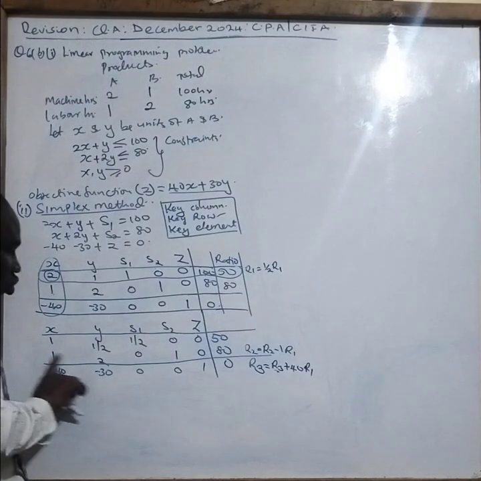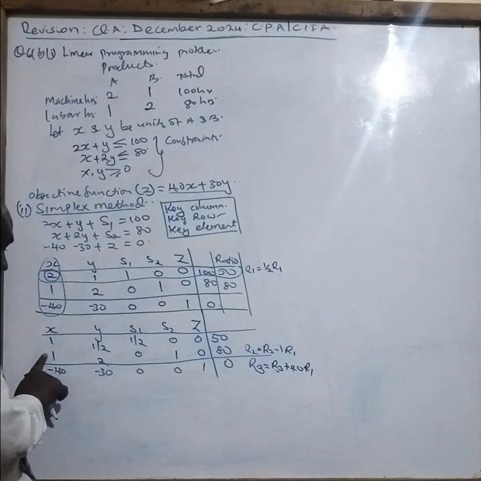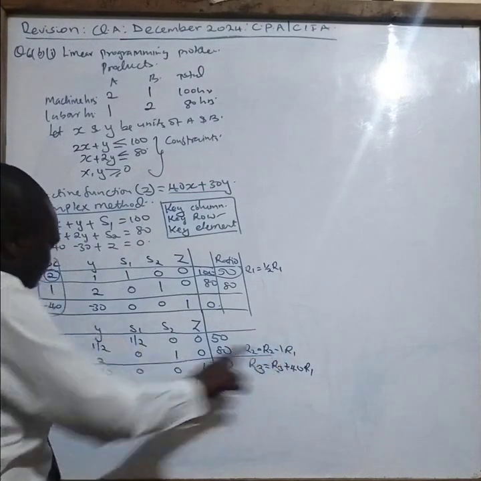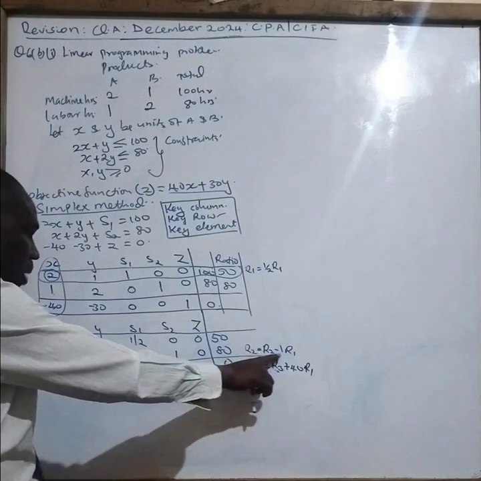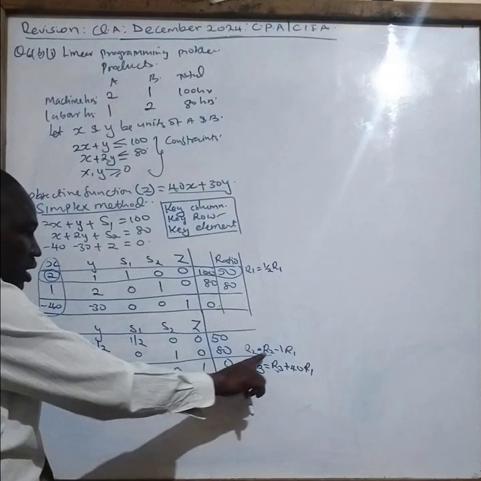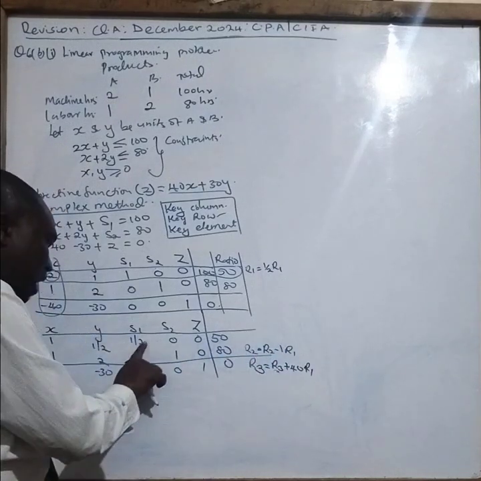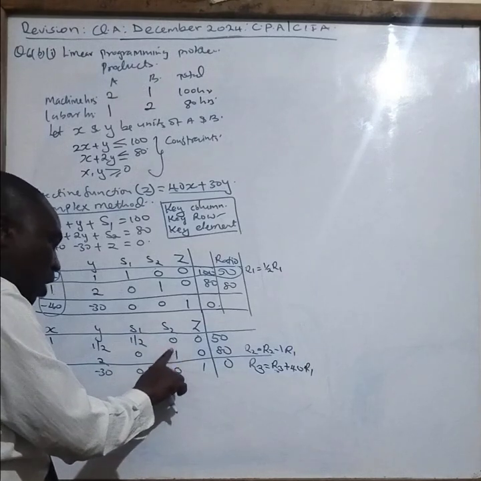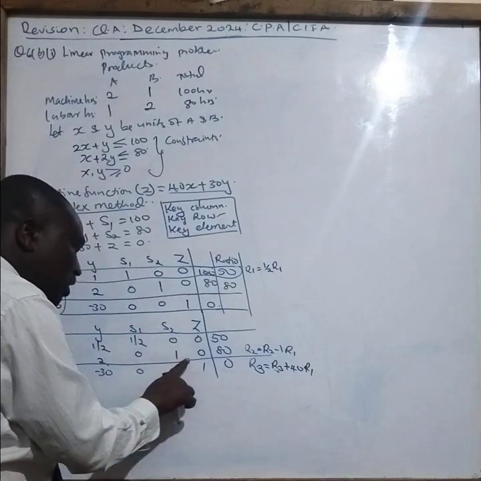The same applies to row 2, which is R2, which is 1, minus 1 times R1, 1 here. Then this one will be 2 minus 1 times R1, which is this one. 0 here, minus 1 times R1, which is a half, you get the answer. 1 here, minus 1 times R1, which is 0, you get the answer.